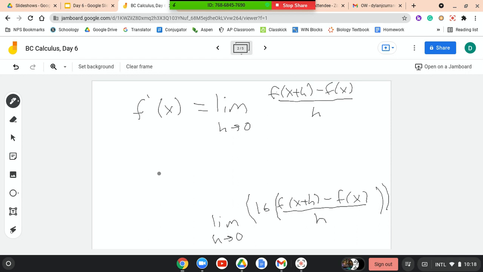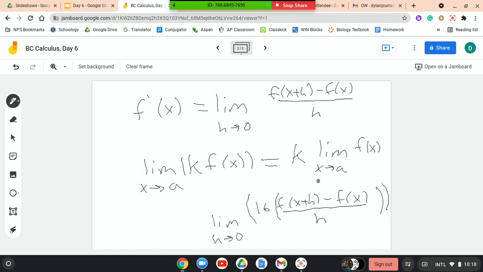I think I did cover it, but I don't know if you wrote it down or not. Remember when we said that the limit as x approaches some number of a constant times a function is equal to the constant times the limit as x goes to a of f of x.